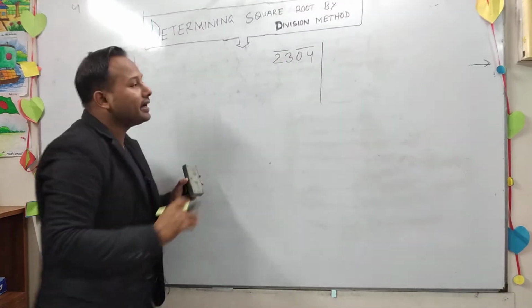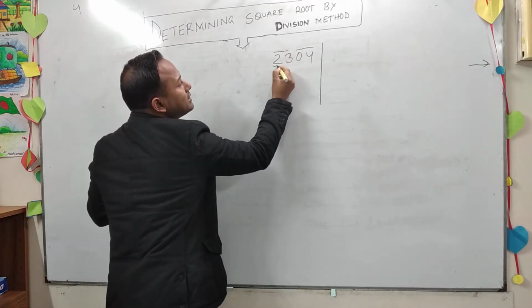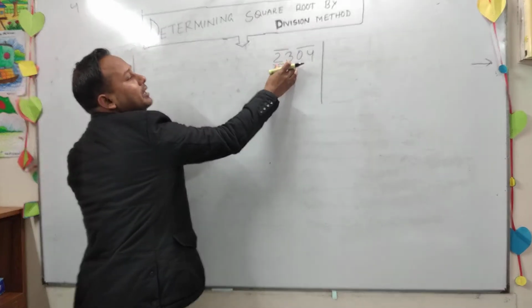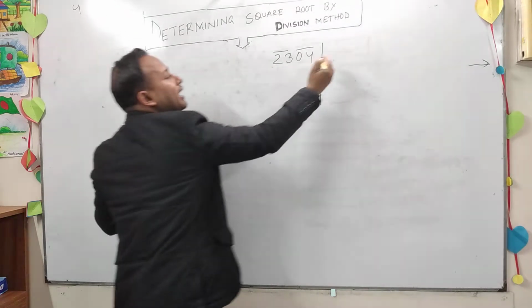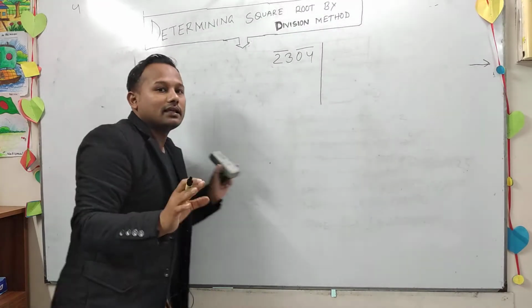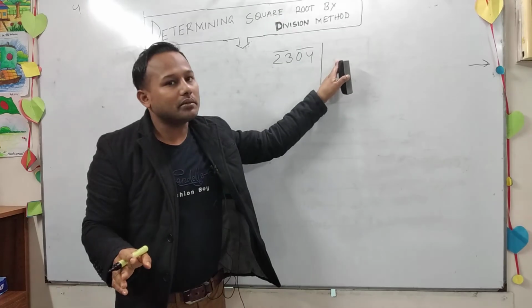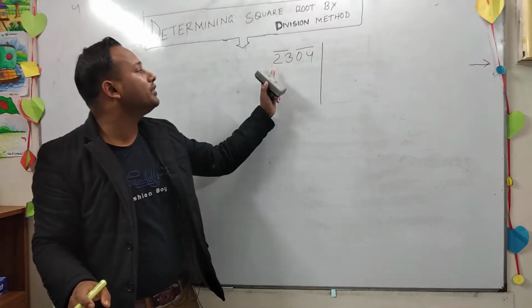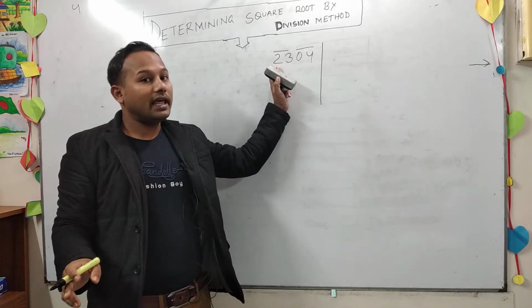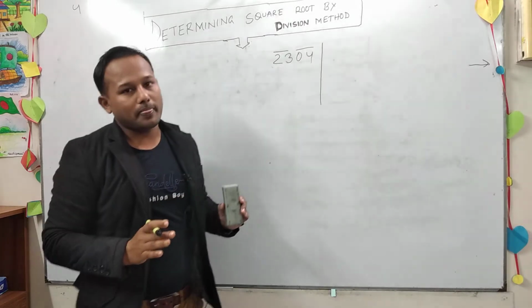Next, you will have to count, starting with this pair, 23. For this 23, we will have to take a number such that if we square it, it is going to be equal to or less than 23, or close to 23.